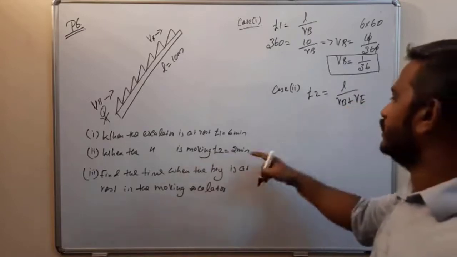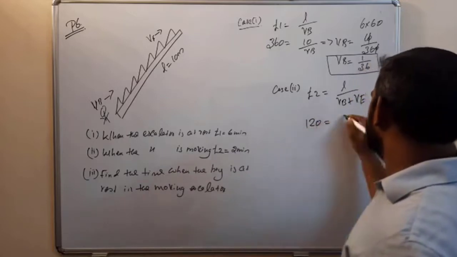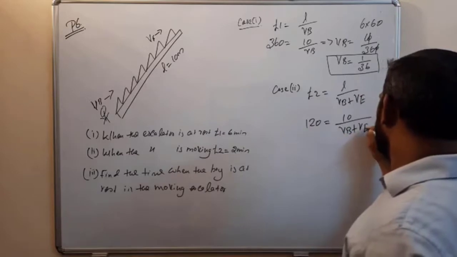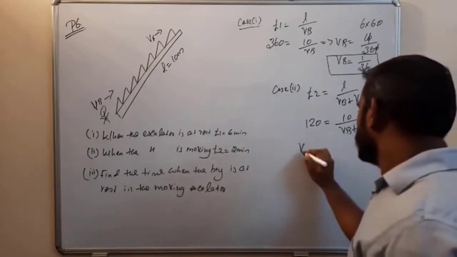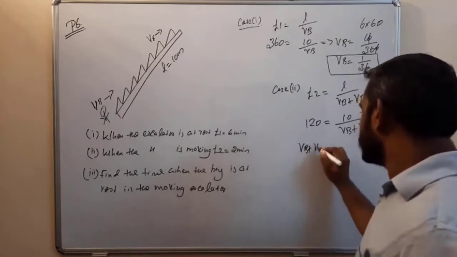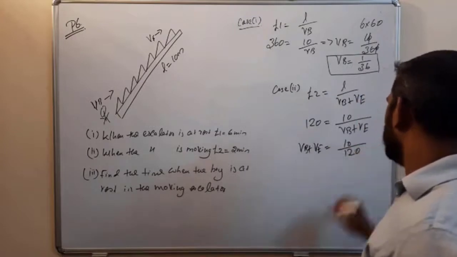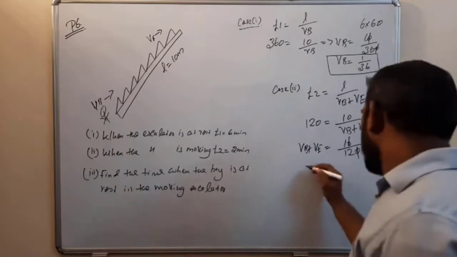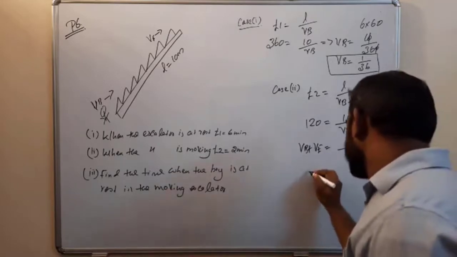T2, that is 2 minutes, 2 into 60, that is 120, is equal to 10 divided by VB plus VE. So VB plus VE is equal to 10 divided by 120. That is, VB plus VE is equal to 1 by 12.